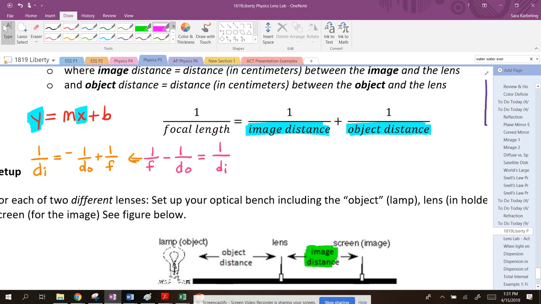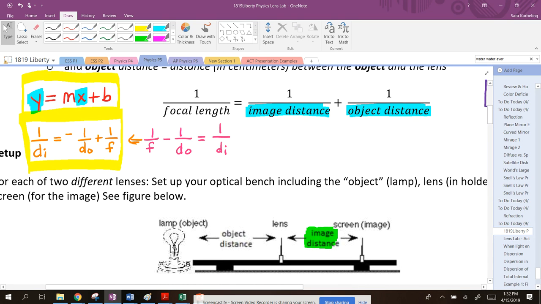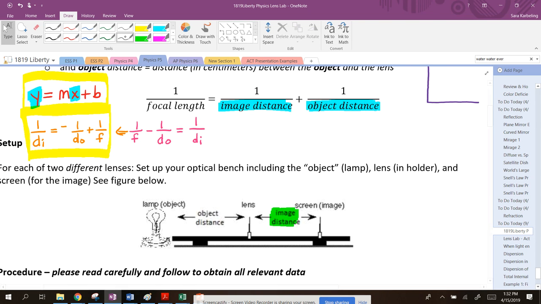Okay, so let's take a look at these two. I've got this one here that I know, love, and understand, and I've got this one here that's new and funny and different. Okay? If I'm trying to figure out what I'm going to graph, I'm going to go ahead and draw my little graph down here.